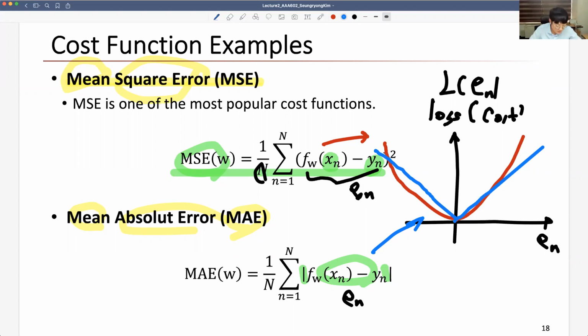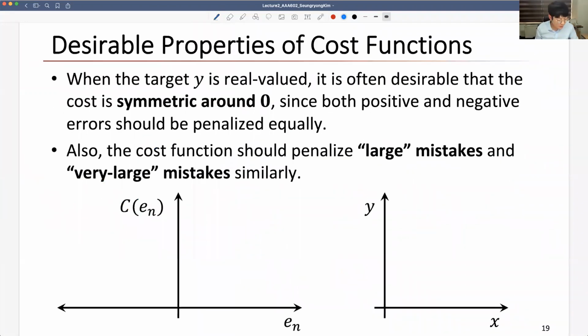These two kinds of cost function are popularly used in the machine learning field, even in the deep learning field. So why are these two cost functions widely used? Because they are simple. That's the reason. So you can understand this property first. Actually, there are desirable properties of a cost function.